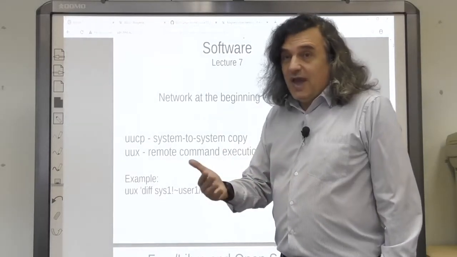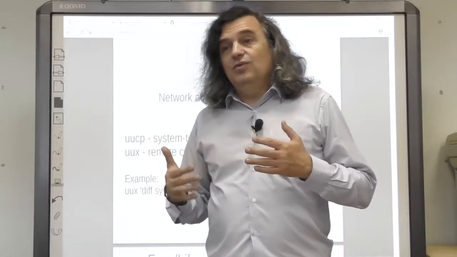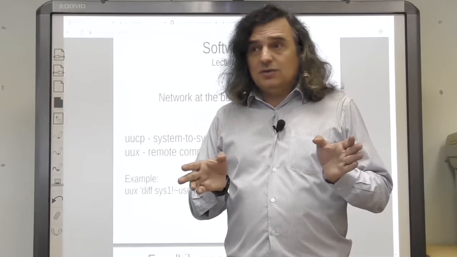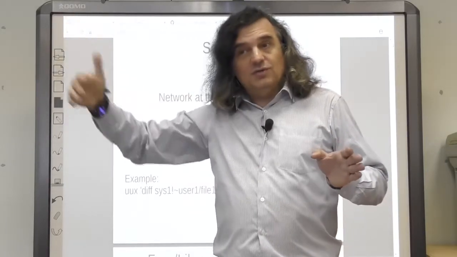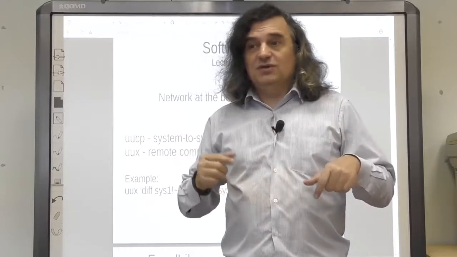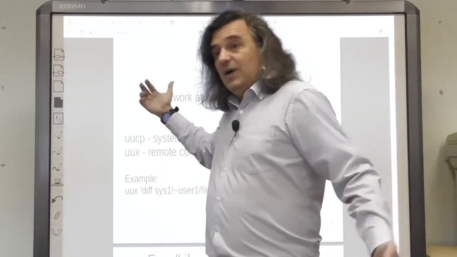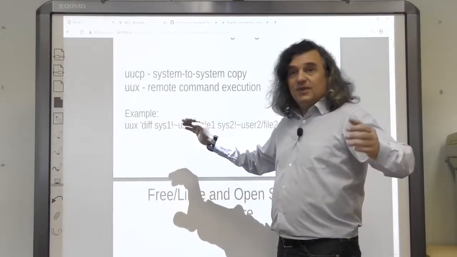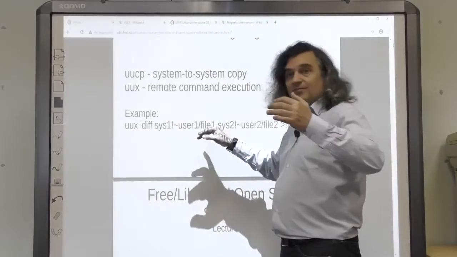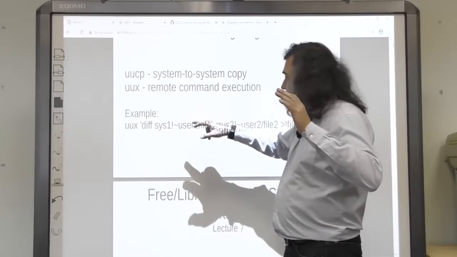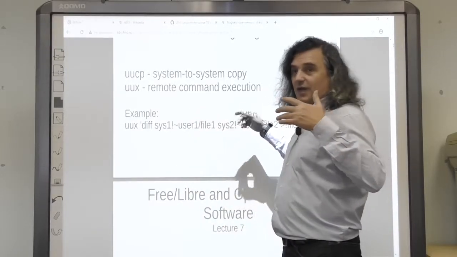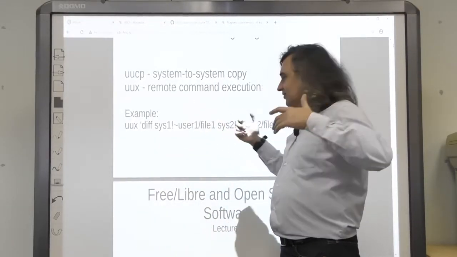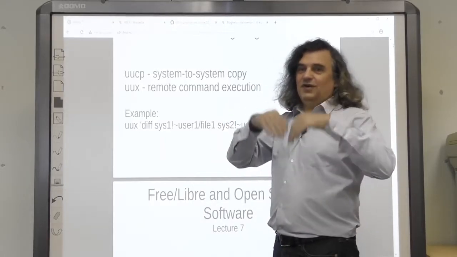It was a very simple addressing scheme with no dynamic routing or anything similar, and the command to do something on a remote machine with files hosted on other machines might look like this: fetch the two named files from system 1 and system 2 and execute diff, putting the result in file diff in the current directory.